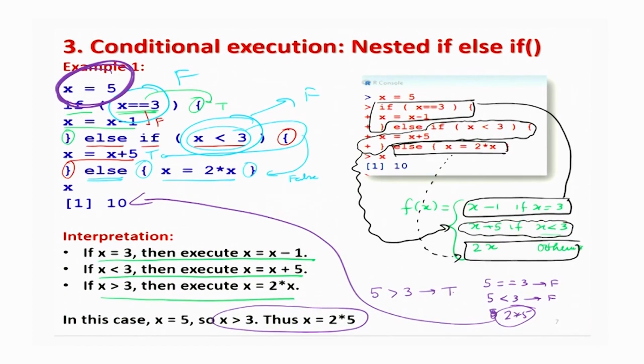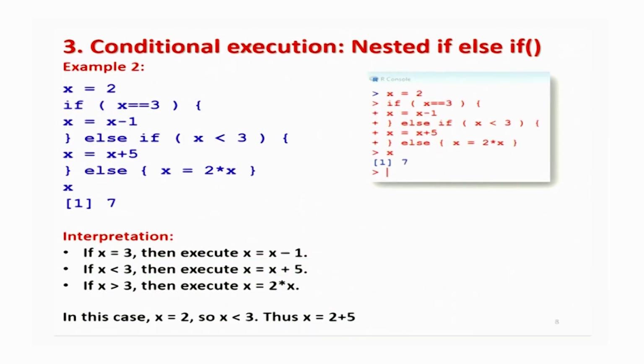Now I take one more value in the same example. I take x equal to 2. Now you can see what will happen. The condition will come here: 2 is equal to 3, this is false. So it will not execute this, but it will come to the second part. Now it checks 2 less than 3, and the answer comes out true.